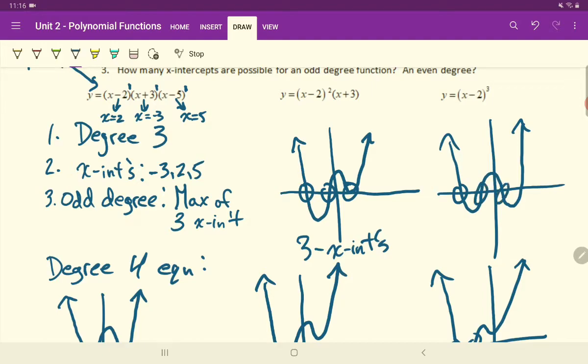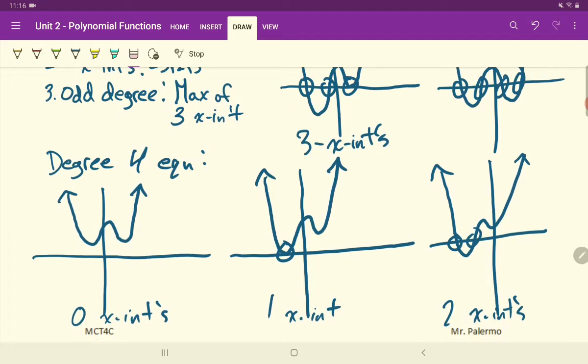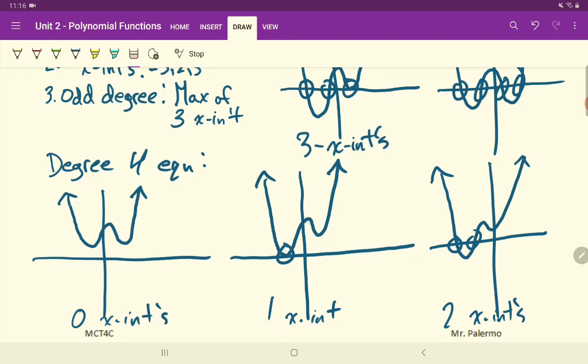So if we were to conclude here, I'm going to erase these graphs now and we'll write a conclusion there. I just wanted to use this space to explain this to you. But for an even degree function, you can also have 0 x-intercepts. And that makes sense because the end behaviors are doing the same thing. They're going in the same direction, whereas for an odd degree function, they're going in opposite directions, right?